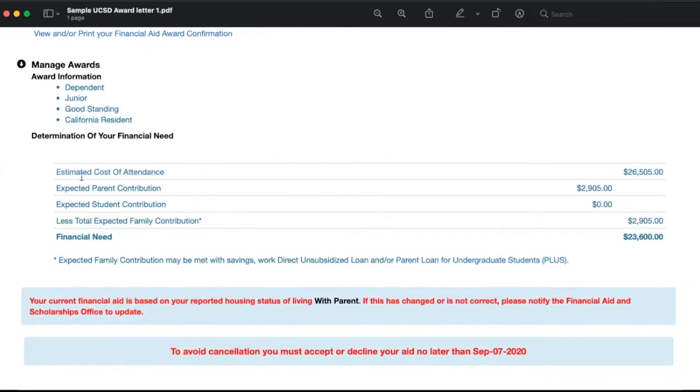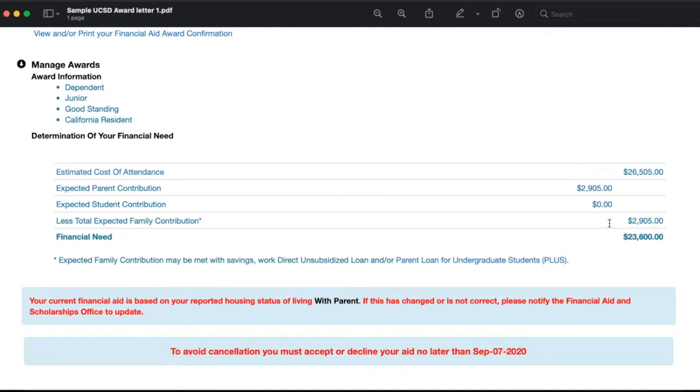The next part is expected parent contribution or expected family contribution, which we can see right here. You should have received this number after you submitted your FAFSA or your California DREAM Act application. In this student's case, the estimated family contribution is a little less than $3,000.